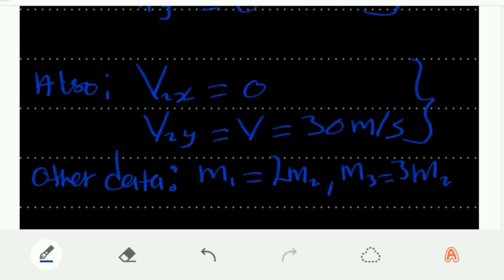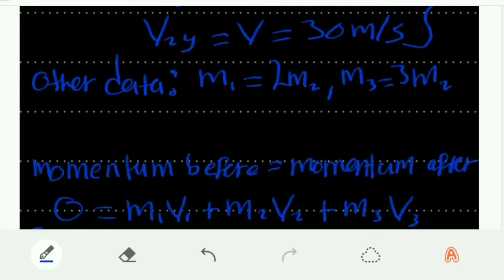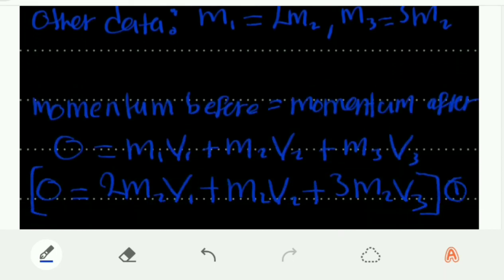The other thing we consider here is that m1 is simply twice m2, and m3 is 3 times m2. From that we can write the conservation of momentum. Momentum before should equal momentum after. We know that momentum before is 0 for all the particles, and the momentum after is given by this.